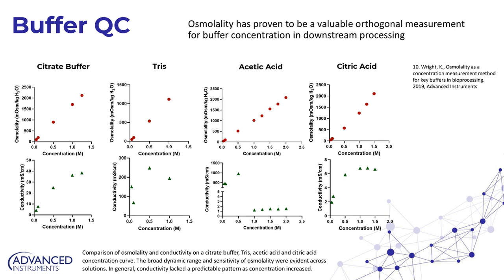Due to some of the properties of conductivity, this is not always the case. I would draw your attention to acetic acid, where you have a weakly dissociating solution, so the ability to conduct current through something like that is a little bit tougher. So in these cases, osmolality has clear value as a unique but also complementary measurement to something like conductivity and pH.